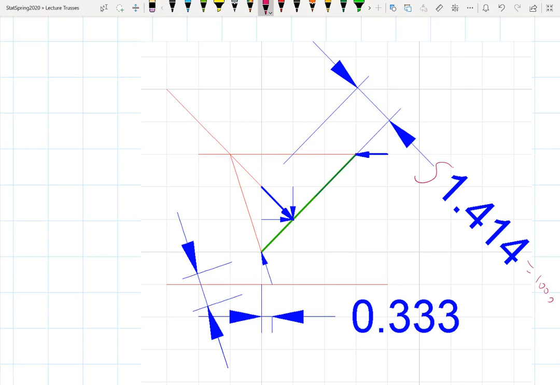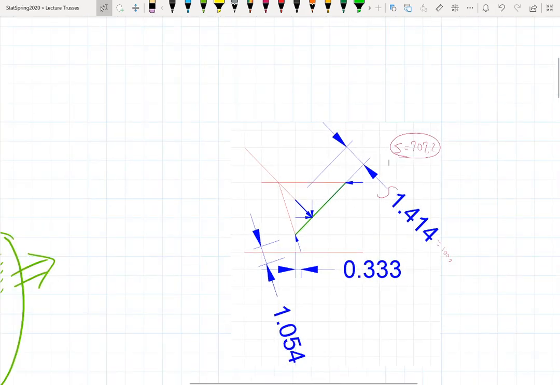So the scale here is equal to 707.2, and I'll say that's close enough.